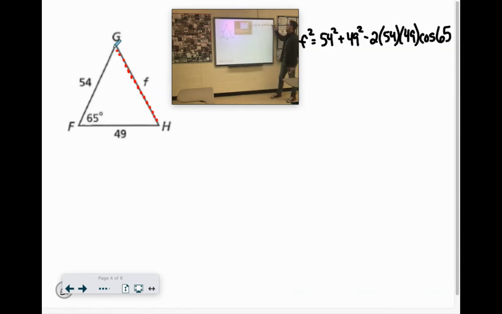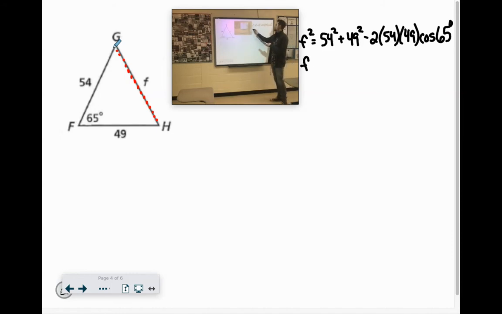Now this is nice because you can do the whole right side of the equation in your calculator. 54 squared plus 49 squared minus 2 times 54 times 49 times the cosine of 65 degrees. Boom.